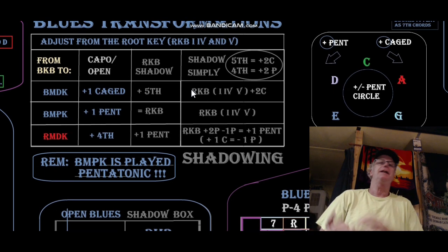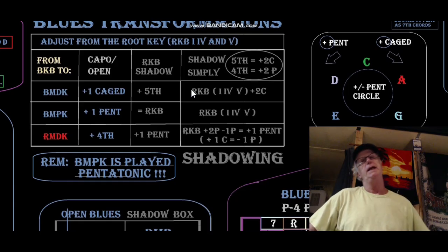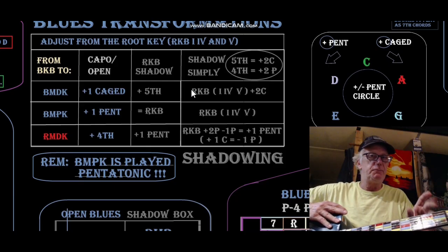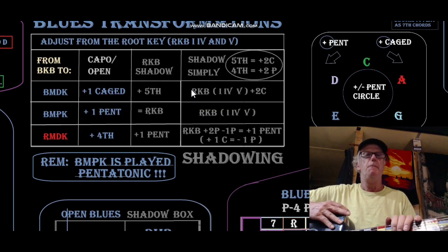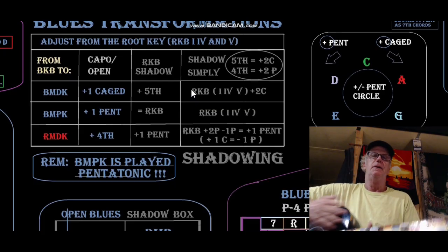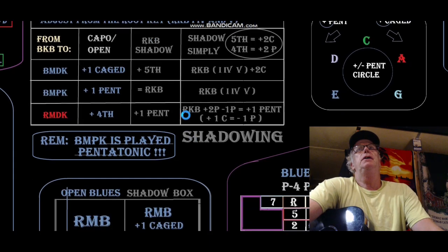These diatonic and pentatonic shapes are being played in the cage, but in a different shape fitted in the cage due to the derivation that we discussed. C to A, drop it down. All right. So that's what this is all about.